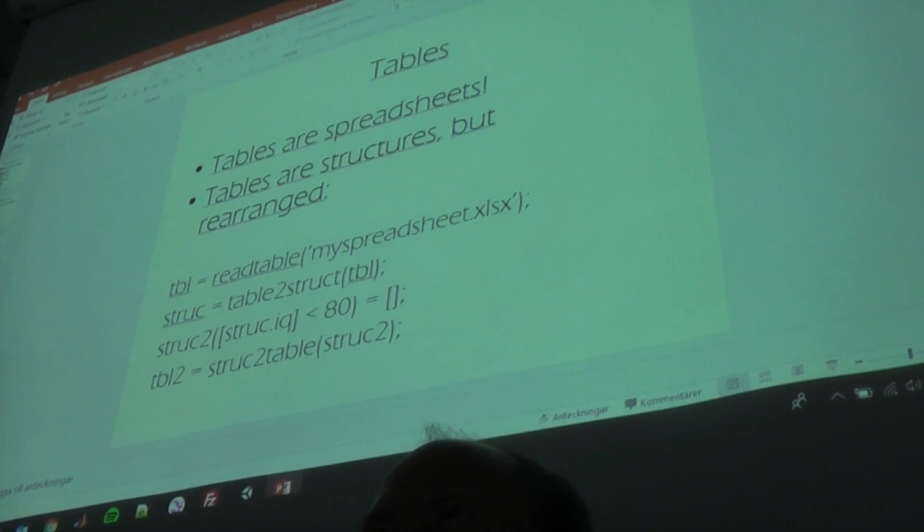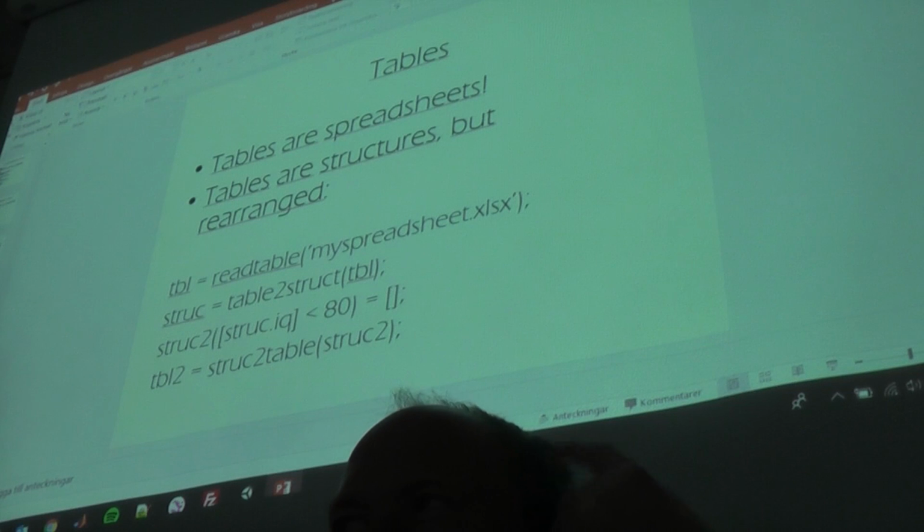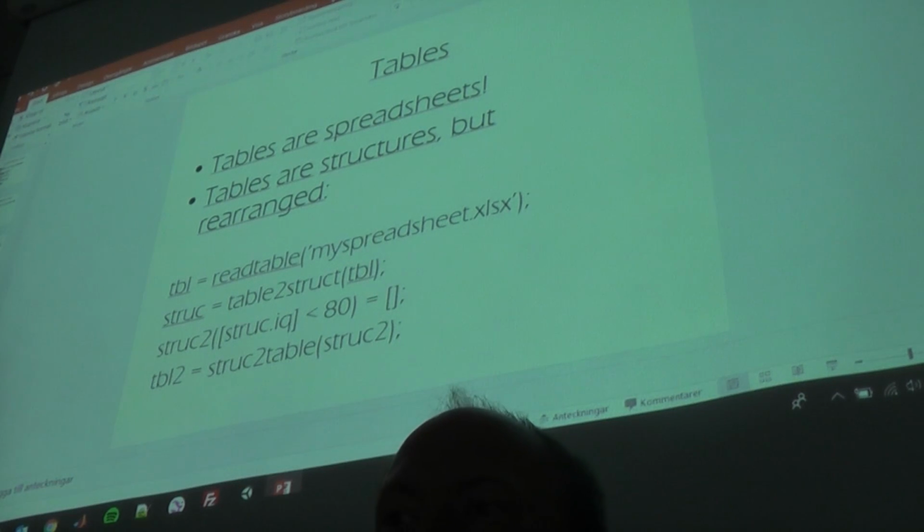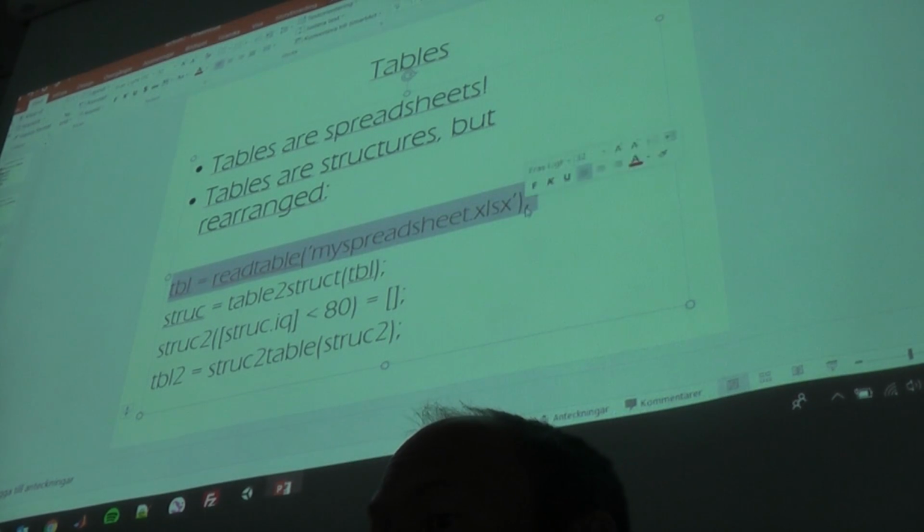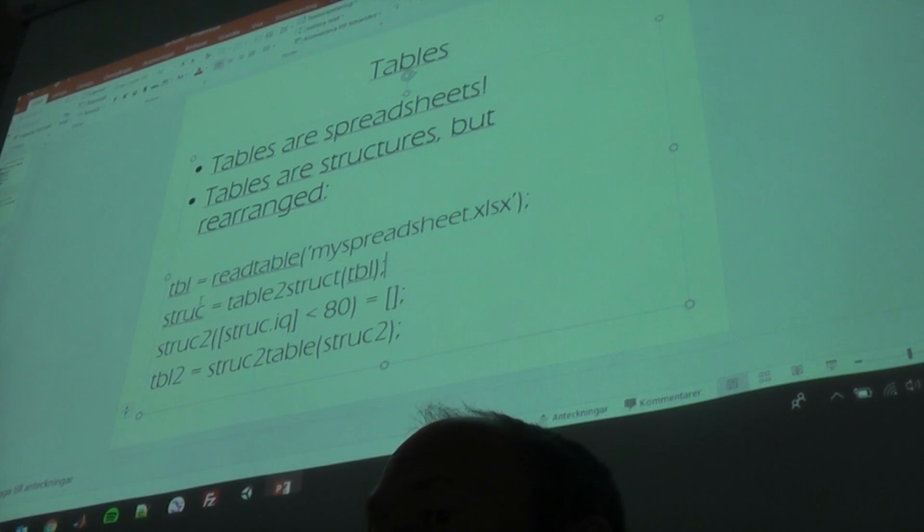And okay, that's the same thing, but let's make a new data type called table so that people don't have to adjust their thinking. In this example, I'm creating a variable called table, which reads a spreadsheet and then converts it to a structure.